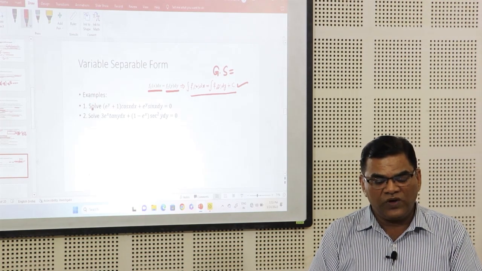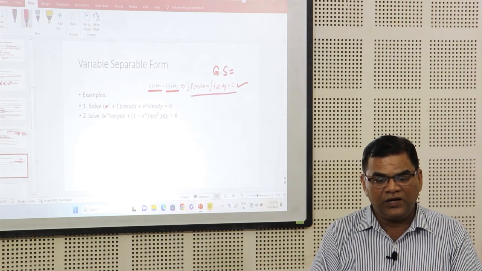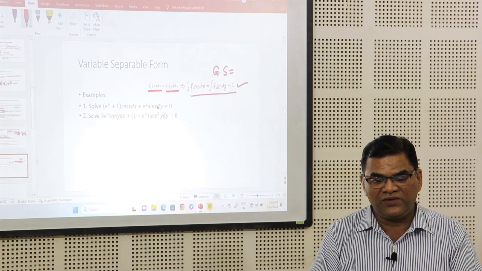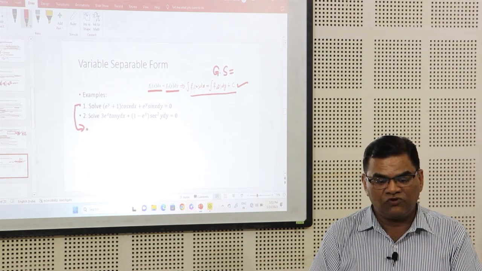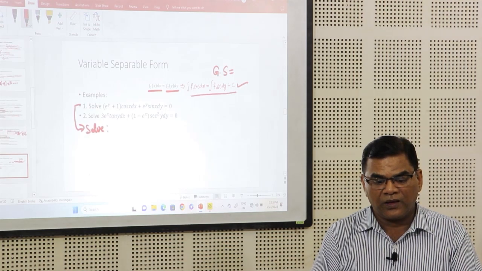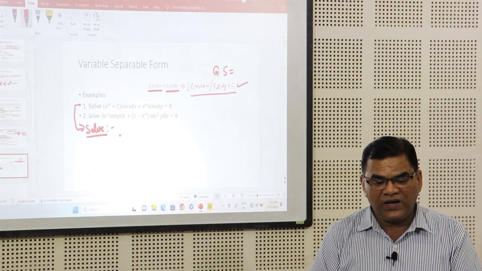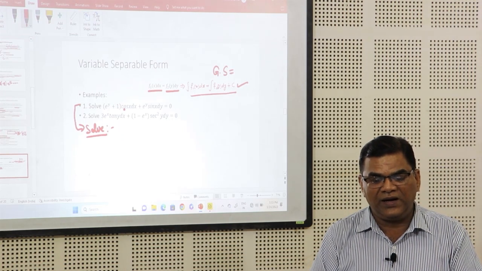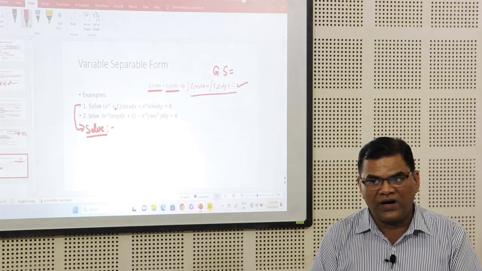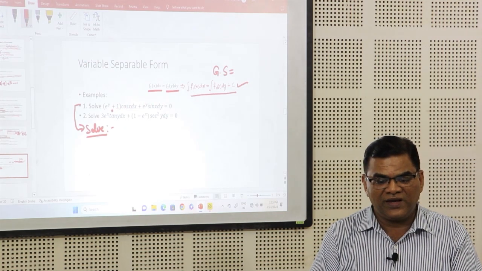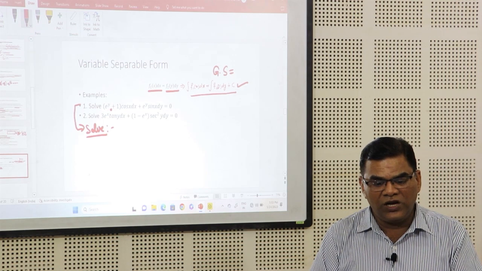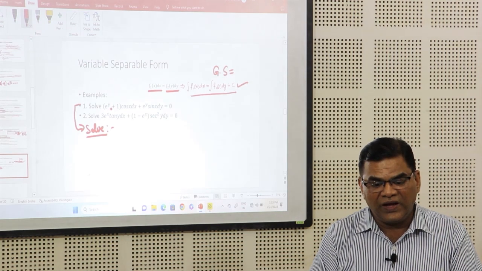Example: suppose we have to solve the differential equation (e^y + 1) cos x dx + e^y sin x dy = 0. If we wish to solve this equation, call it equation number 1. Here we can easily observe that we can separate the variables, y on one hand and x on the other hand. This can be done by dividing the whole equation by sin x into (e^y + 1).